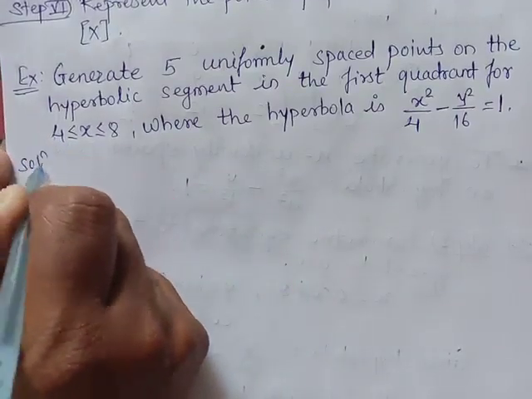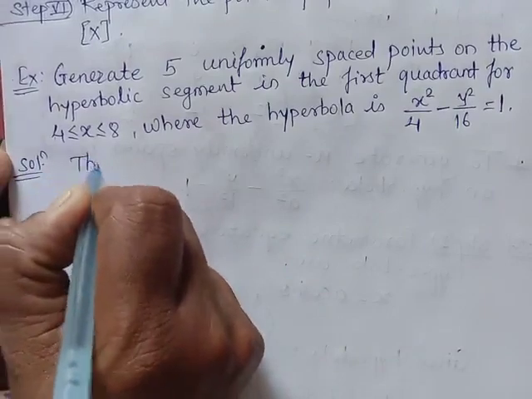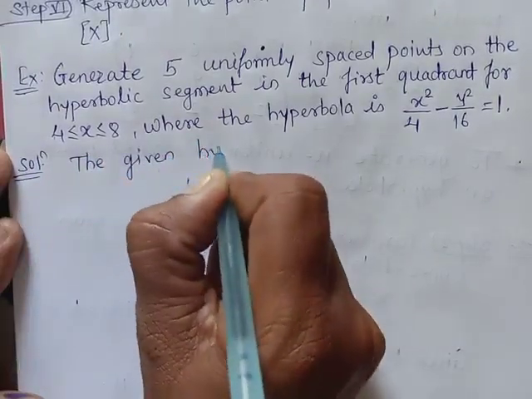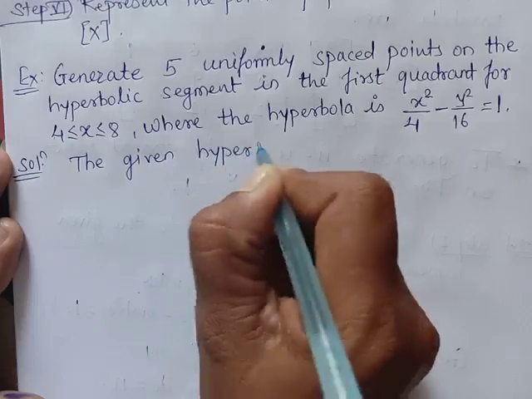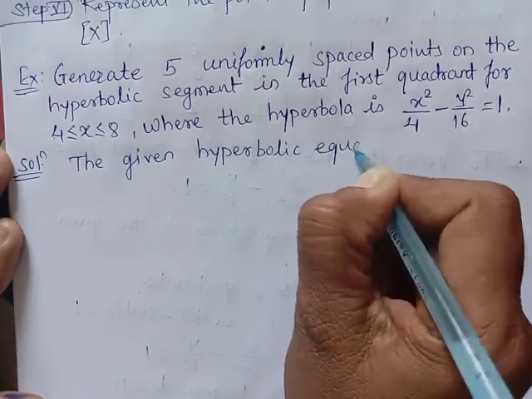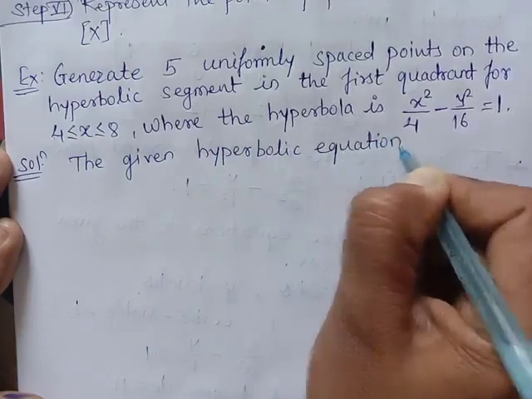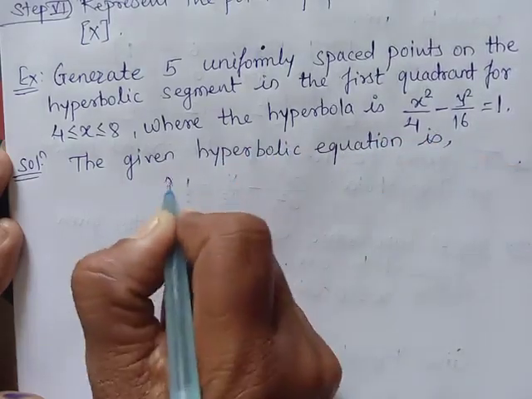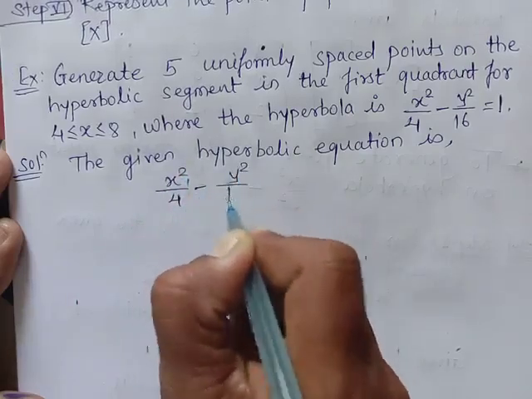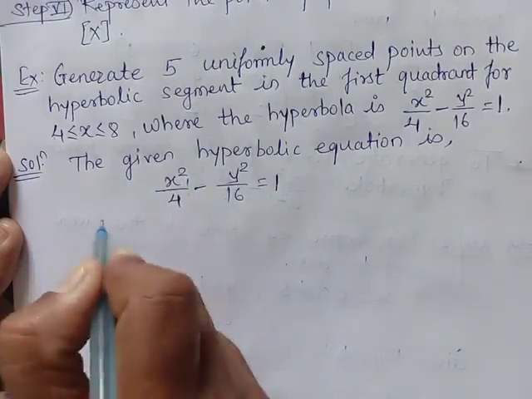Solution. The given hyperbolic equation is x square upon 4 minus y square upon 16 equal to 1.